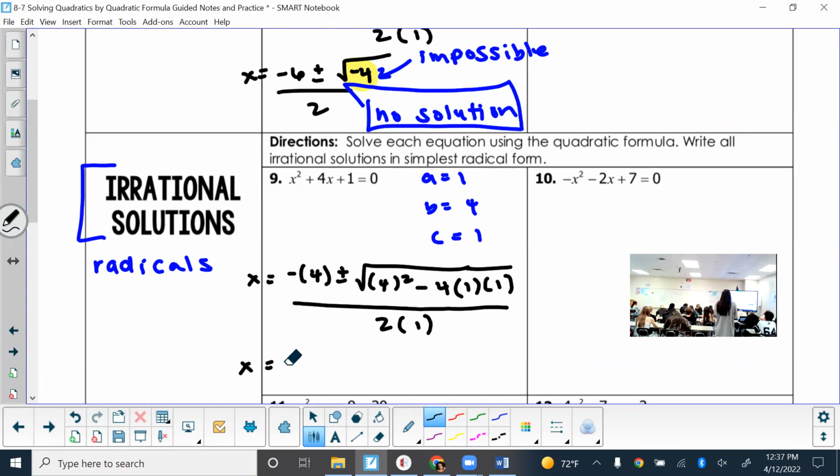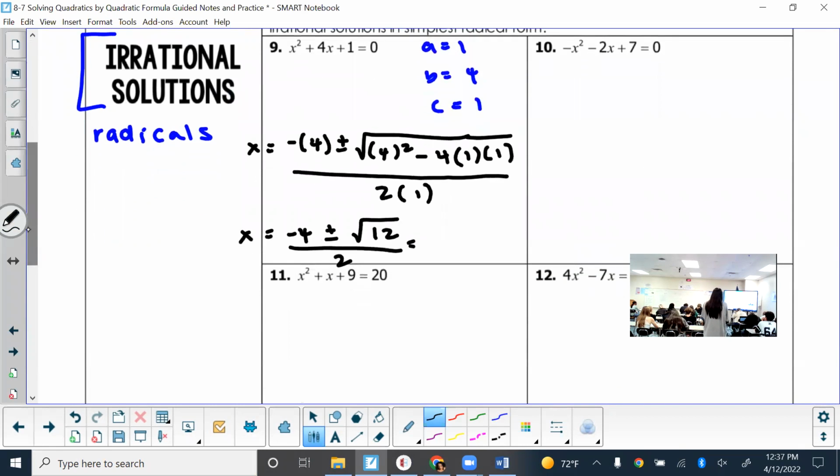When I simplify this, I have -4 plus or minus. Someone, did you already throw that in the calculator? 12, good. That's what we got last hour too. So is 12 a perfect square? No, but you still need to simplify the radical. So make your factor tree. What two numbers multiply to 12?